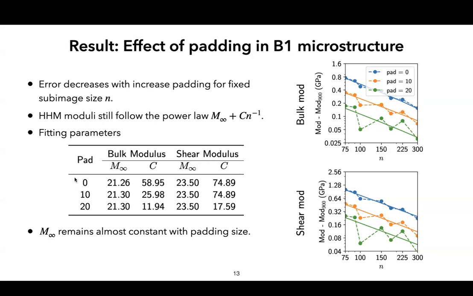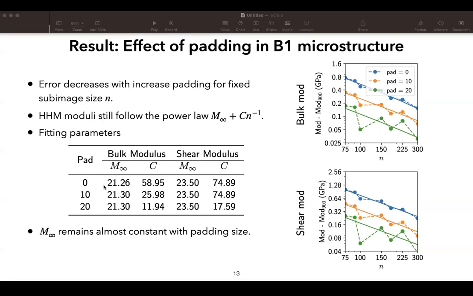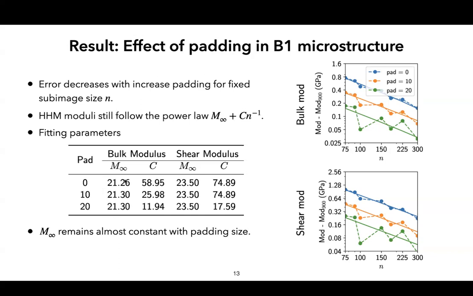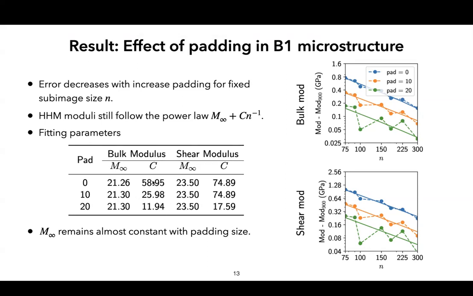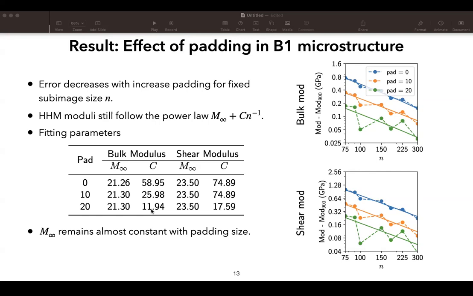So we see that for all padding thicknesses, the M infinity, which is the asymptotic value, remains almost constant for both bulk modulus and shear modulus. So the value of C is changing, which means faster convergence as we increase the padding thickness.